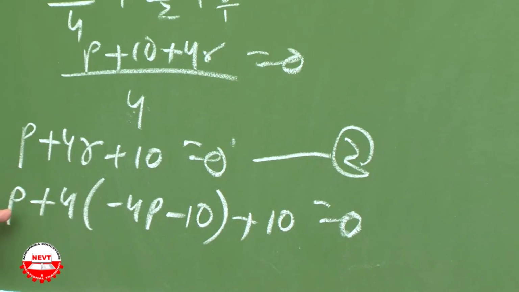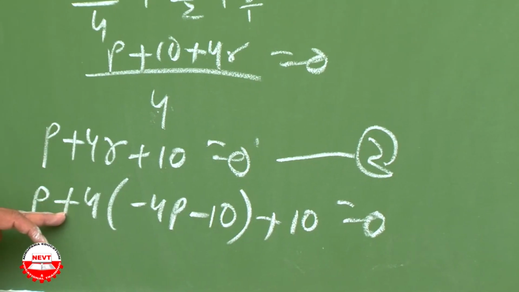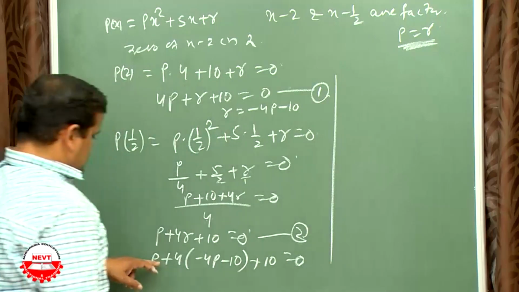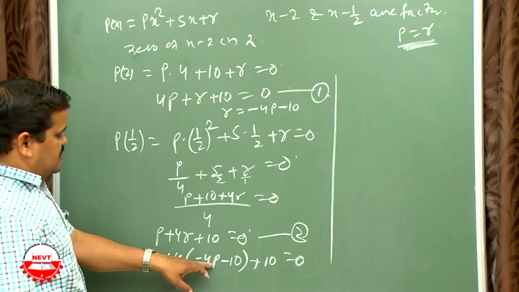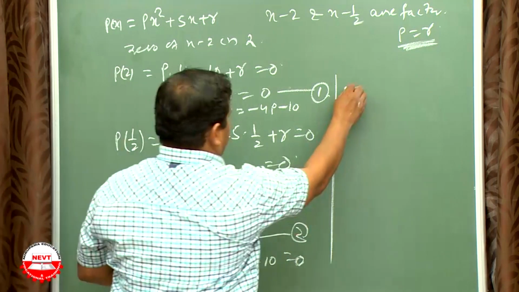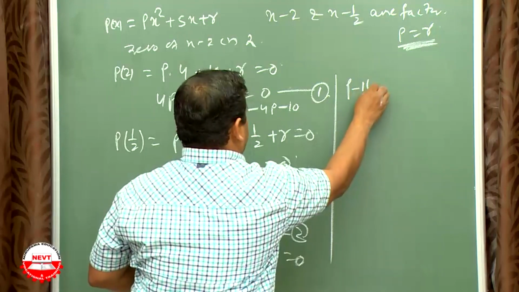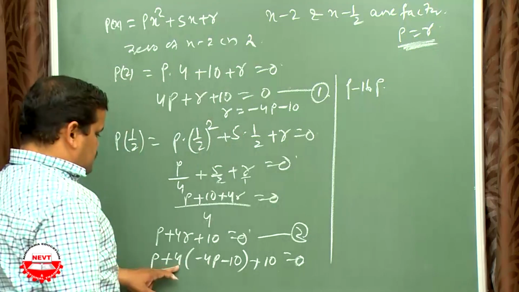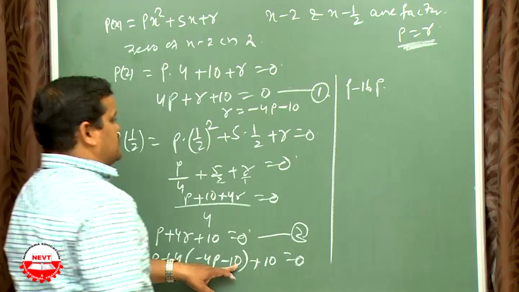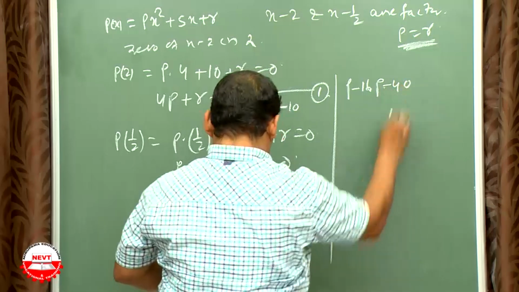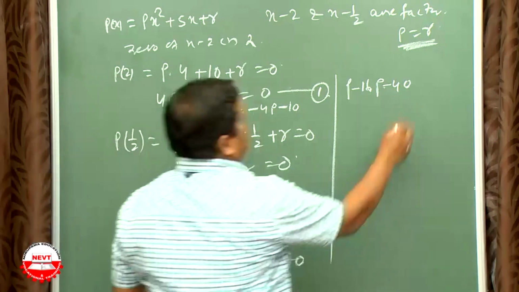That means p plus 4 into minus 4p is minus 16p, then 4 into minus 10, that is minus 40, plus 10 is equal to 0.